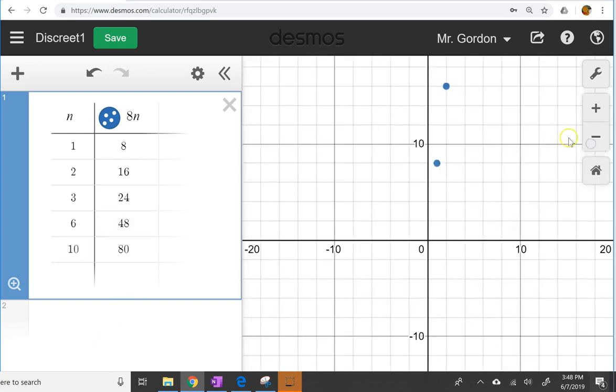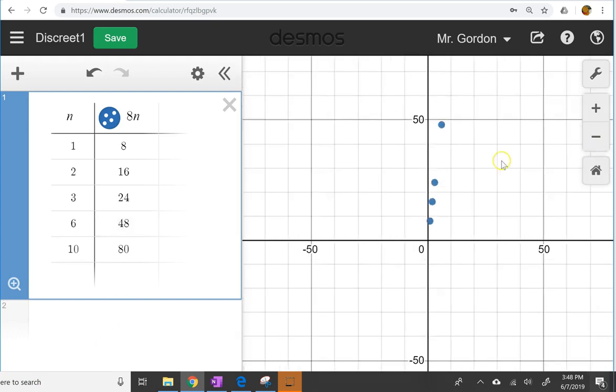And so let's zoom out over here so we can get a clearer picture of what that looks like. These are just some of the points. So the question we want to ask ourselves now is, would it make sense to connect all the points in between these dots on our graph?